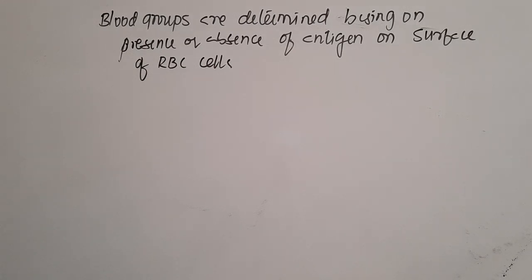There are certain types of antigens present on the surface of RBC cells. Based on their presence or absence, we will determine what type of blood group the person has.